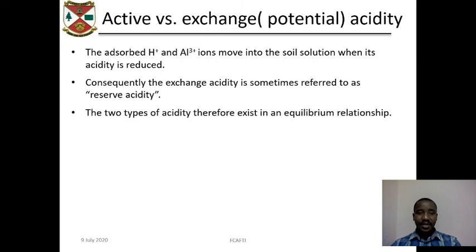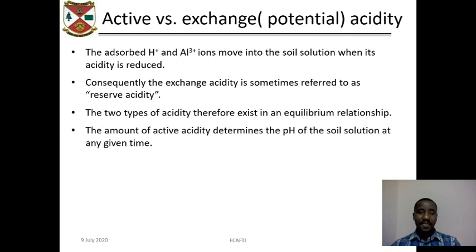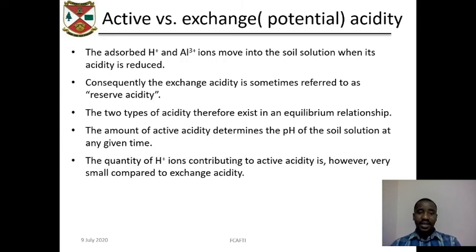The two types of acidity therefore exist in an equilibrium relationship. The amount of active acidity determines the pH of the soil solution at any given time. The quantity of hydrogen ions contributing to active acidity is, however, very small compared to exchange acidity.